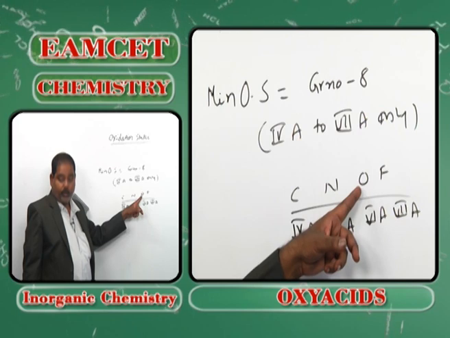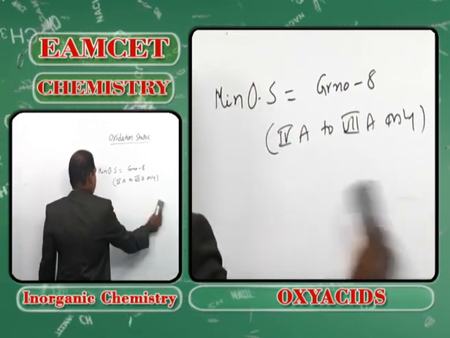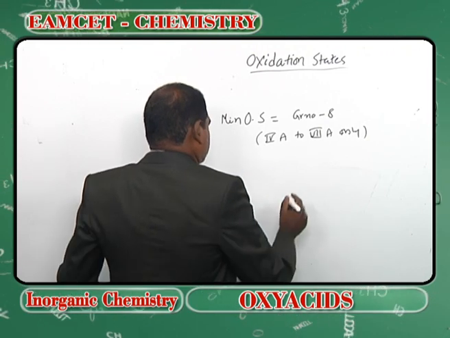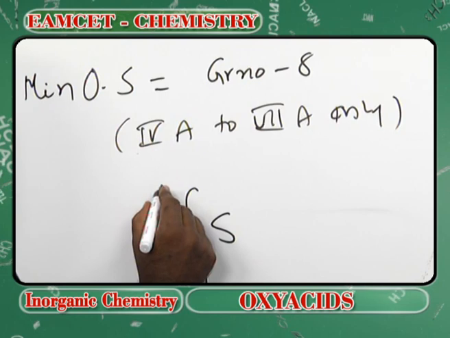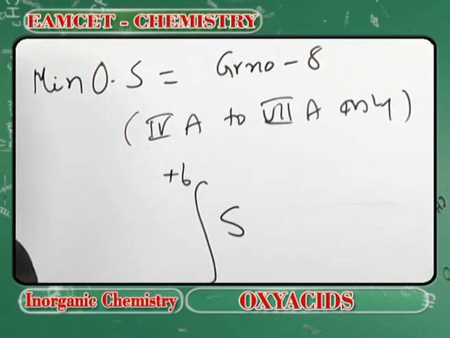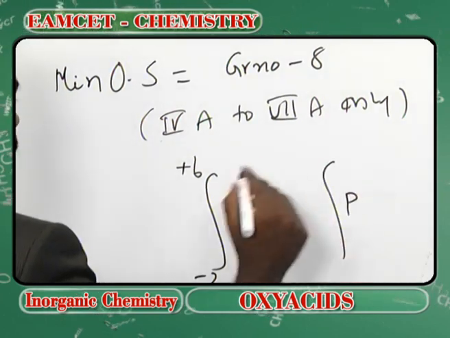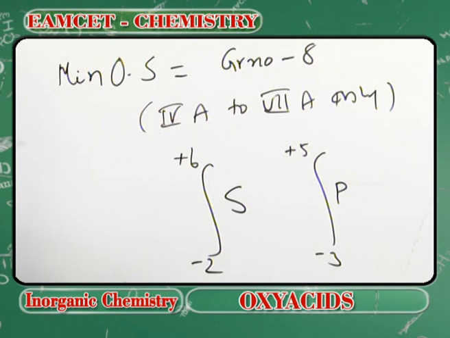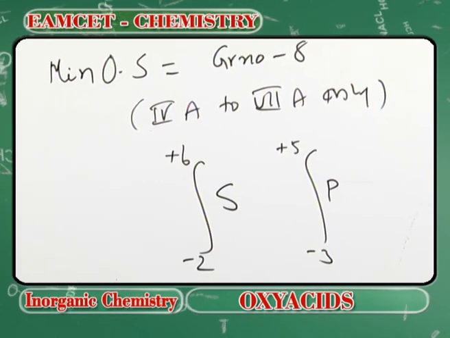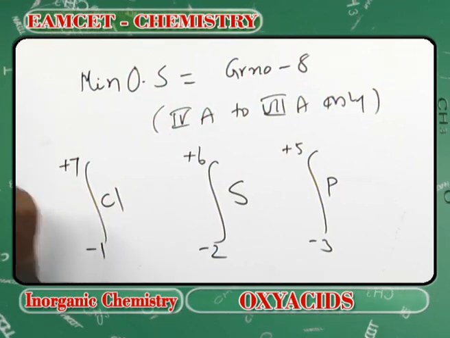But of course, oxygen I told you, it doesn't exhibit an oxidation state of plus 6. So, here you are. Sulfur, 6th group, maximum plus 6, minimum minus 2. Phosphorus, 5th group, maximum plus 5, minimum minus 3. So, what is the rule? Group number minus 8. Chlorine, 7th group, plus 7, minimum minus 1.